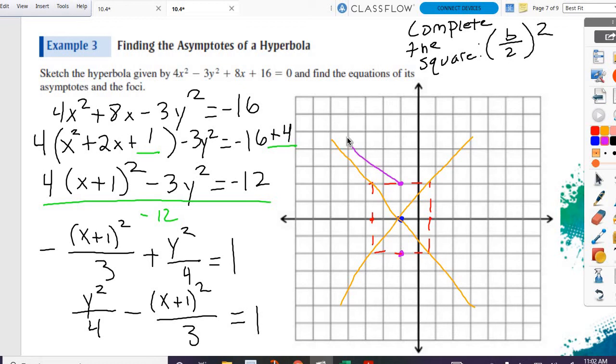And that's what tells us how wide or narrow our graph needs to be. Are we all okay with that? Do we all see how we found all the numbers and such?